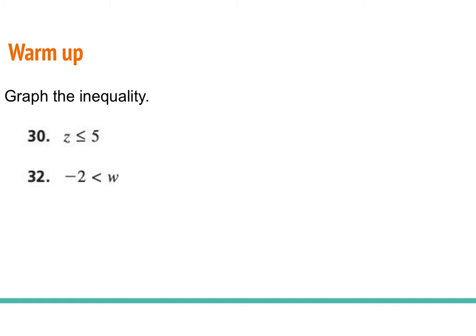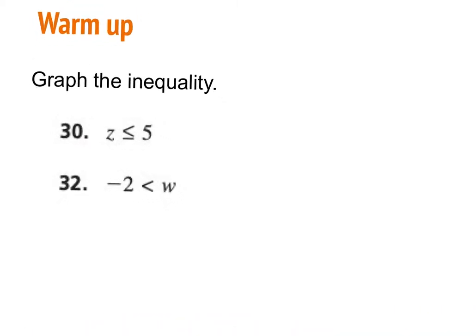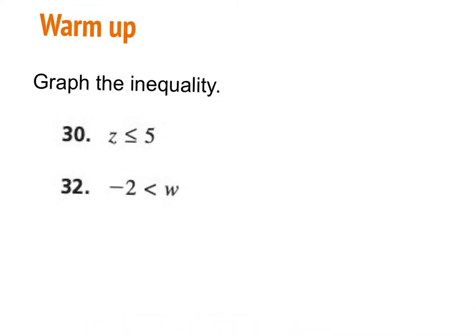All right, so when we're looking at Z is less than or equal to 5, all we've got to do is draw our nice little number line. Here's 0, here's negative 1, here's 1, 2, 3, 4, 5, and we'll go to 6. At 5, guess what?